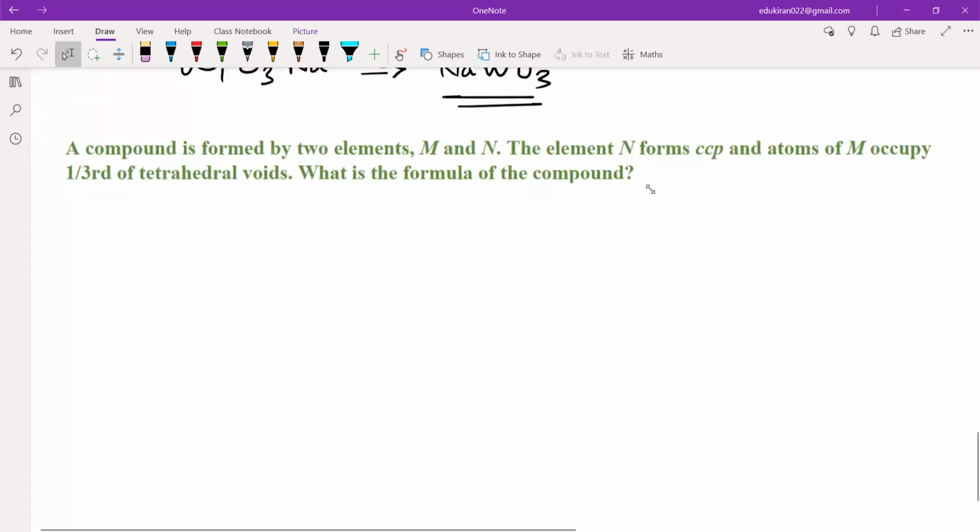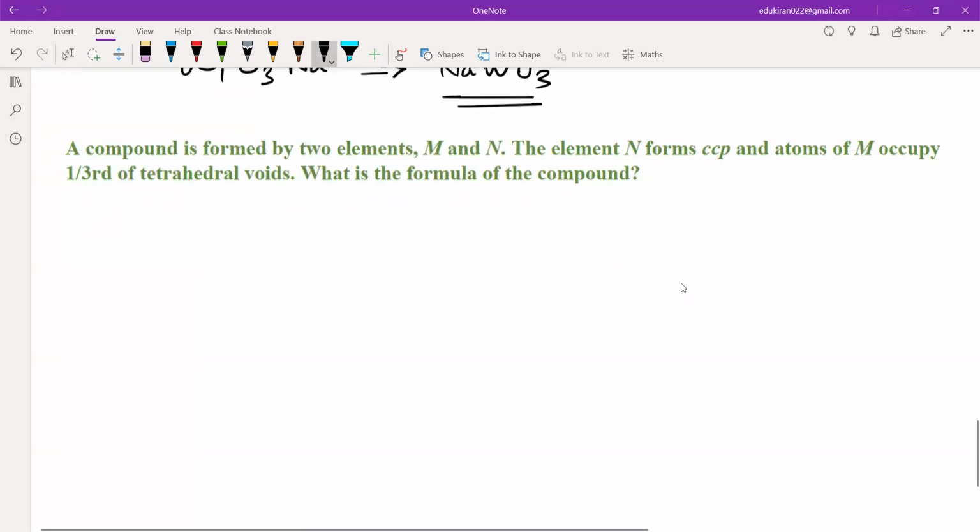This is type 2, formula of compound questions. In this type of questions, you will not be given the exact position of the atoms. You will be given the unit cells or the packing, and you will be given that other atoms are occupying voids, tetrahedral voids. Okay?